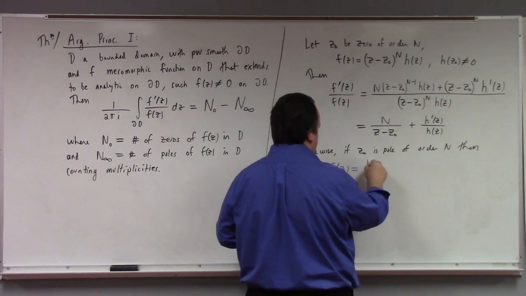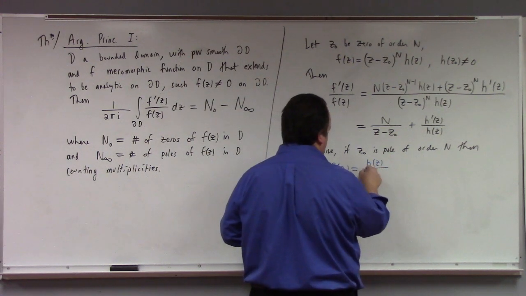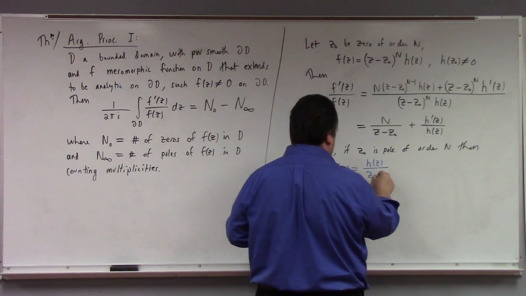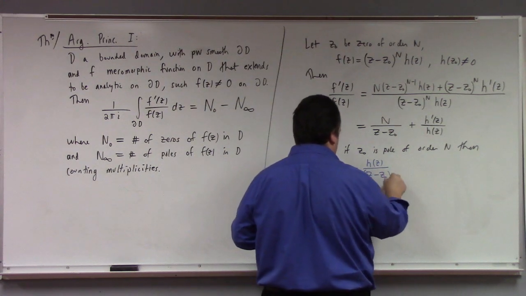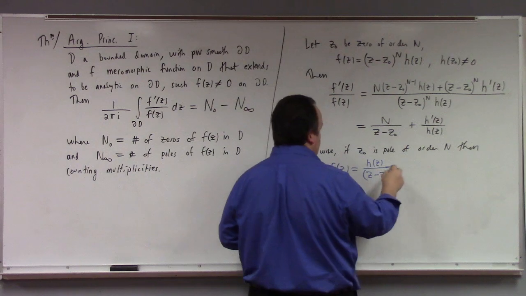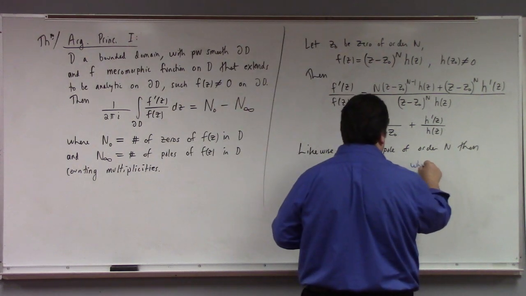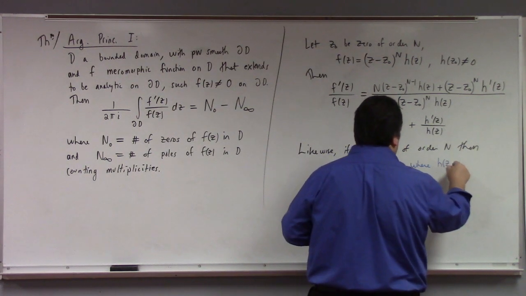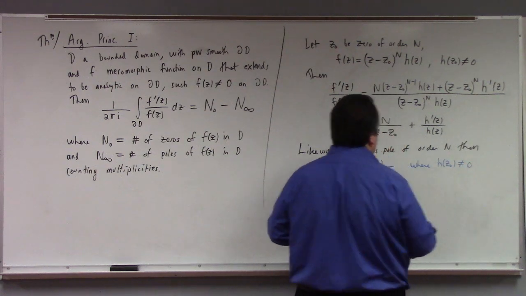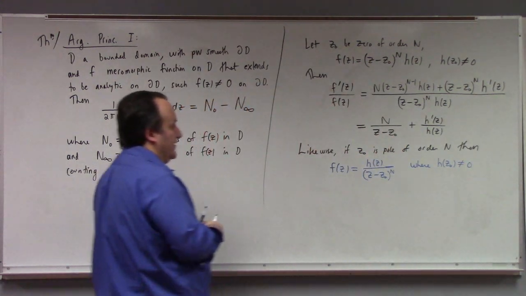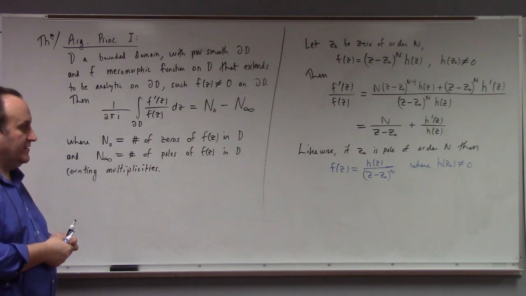We can do what? h of z divided by z minus z naught to the n, right? This is the proof, yeah. So that's what f prime over f looks like at a zero of order n.